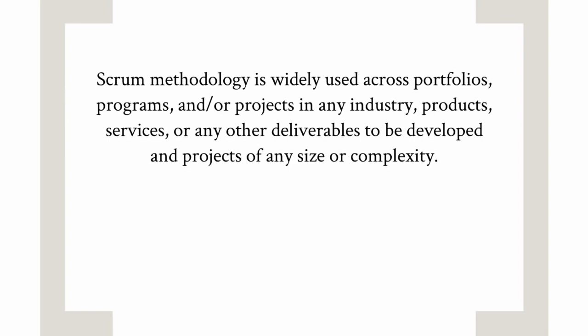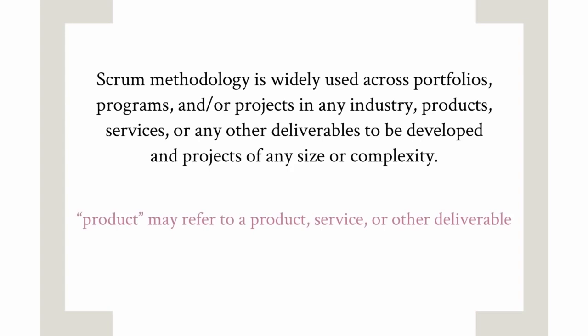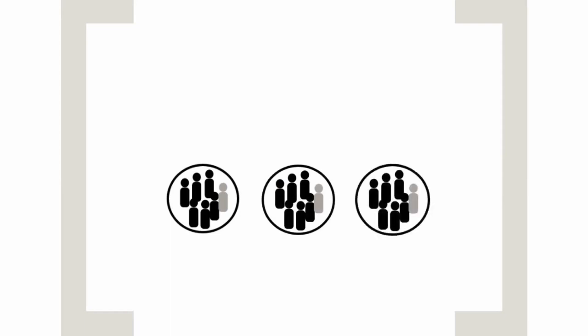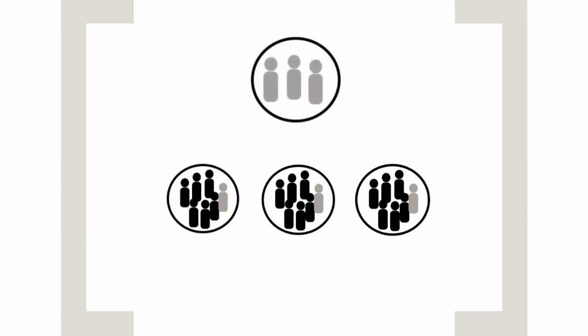According to the Scrum Body of Knowledge, the term product may refer to a product, service, or other deliverable. The practicality of Scrum as a framework is that it can be applied effectively to any project in any industry, whether they are small projects with 6-person teams or large, complex projects with up to several hundred team members.